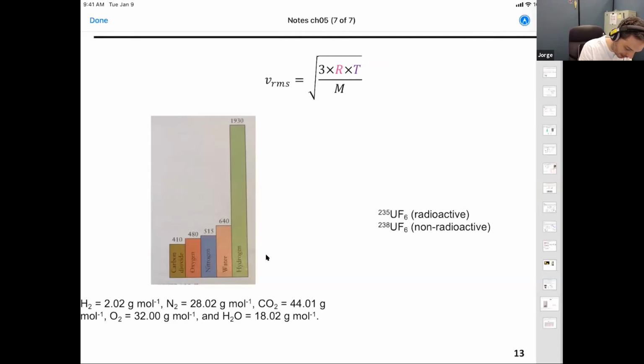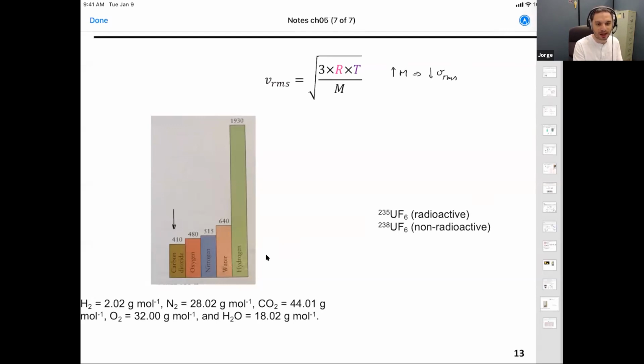So remember that an increase in the molar mass will result in a decrease of the average speed of the gas. So we have here the molar masses. The heavier gas in this sequence is CO2, and that results in the lowest speed for this gas, considering that the temperature is the same.